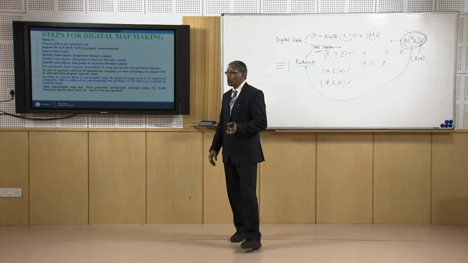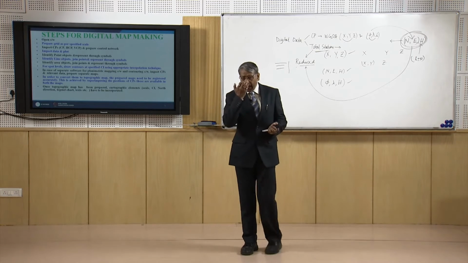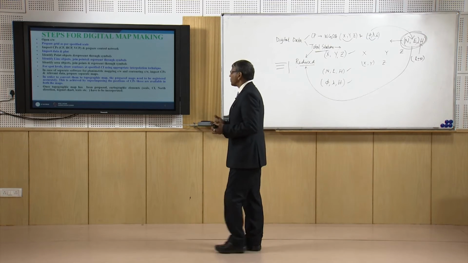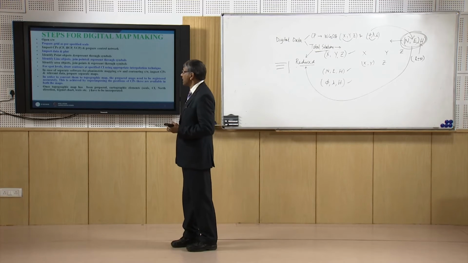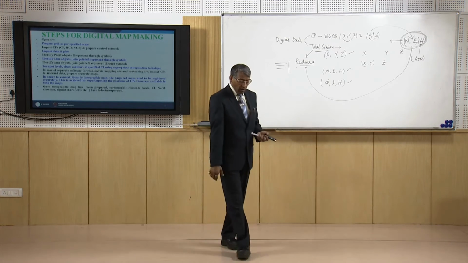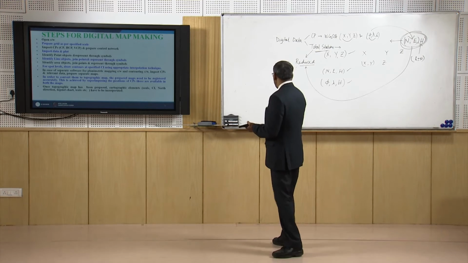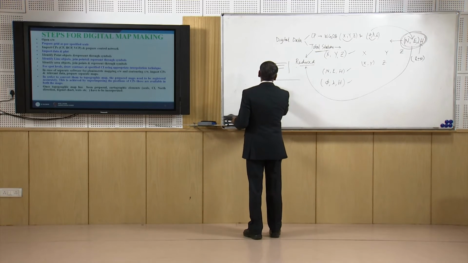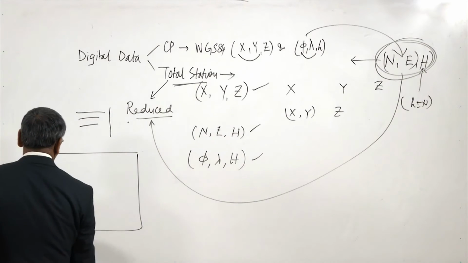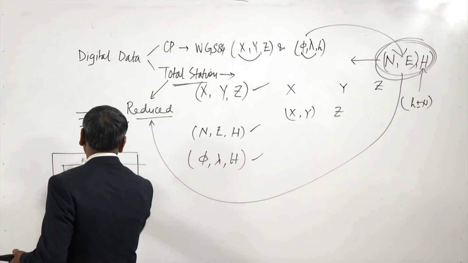So we have to specify the planimetric scale, and we have to choose the grid module so that we can get the grid in the palette of the computer.